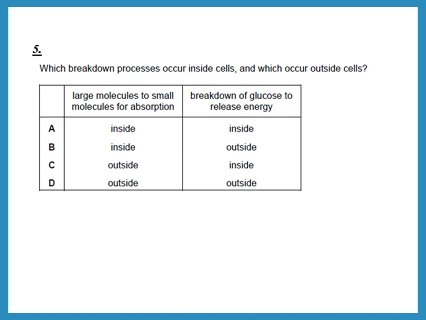Well, large molecules to small molecules for absorption, where does that happen? This happens in the digestive system or in the alimentary canal. That is outside the cells. It's not inside cells. But breakdown of glucose to release energy, remember that this is respiration, and this happens inside the cell. So our answer actually is C.